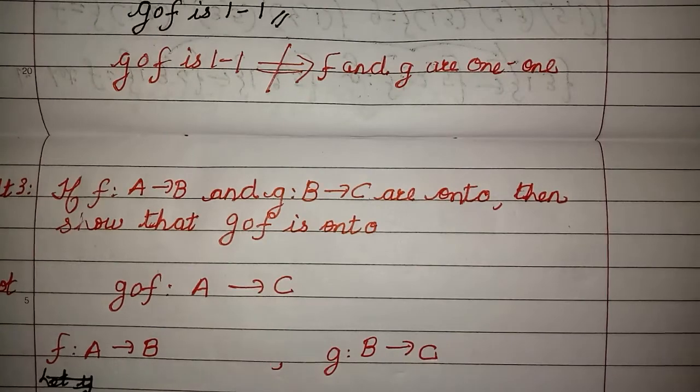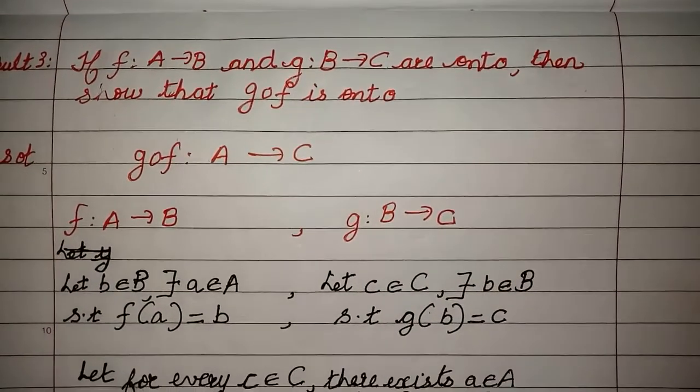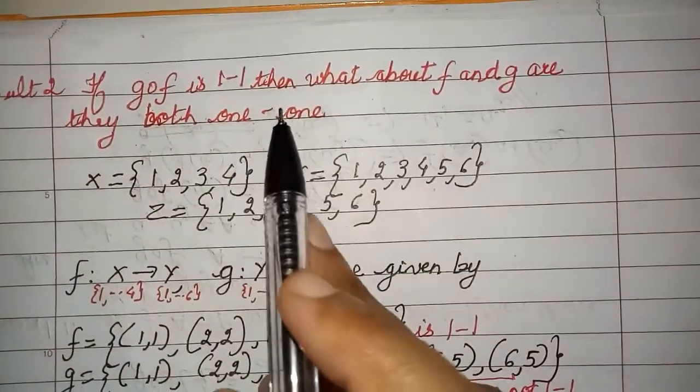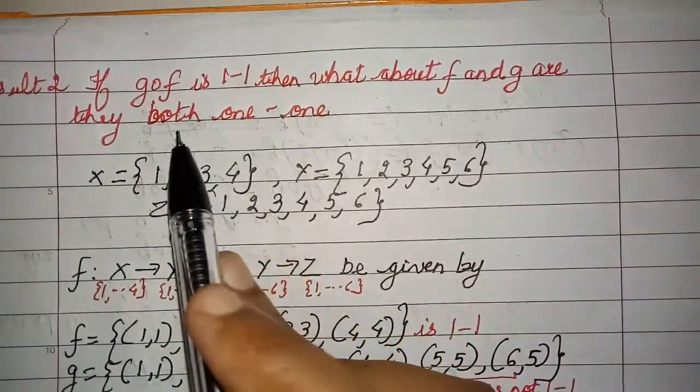Now we have to prove the next result, the converse of this statement, the backward implication: if g composite f is onto, then are f and g onto? Just as we looked before, if g composite f is 1-1, then what about f and g? Are they both 1-1?